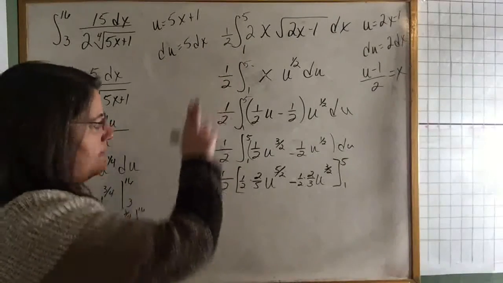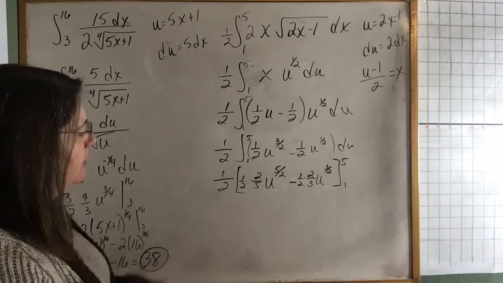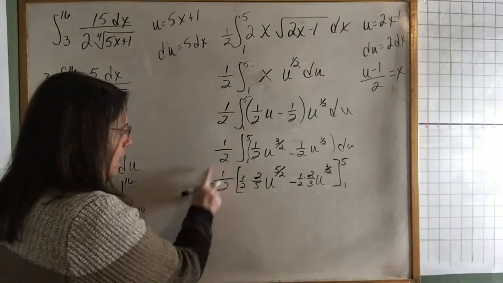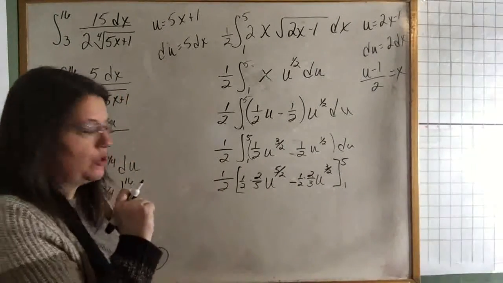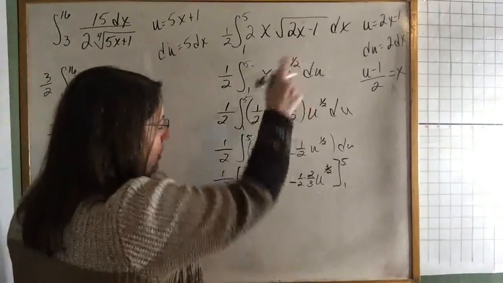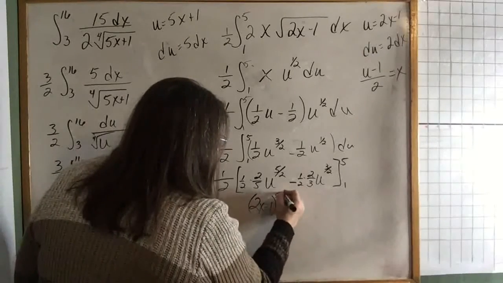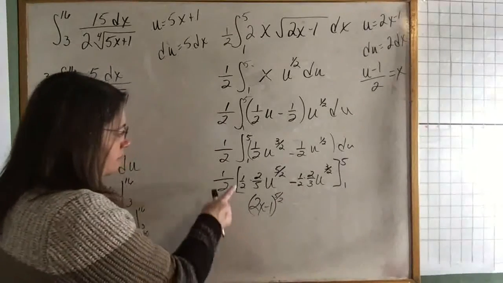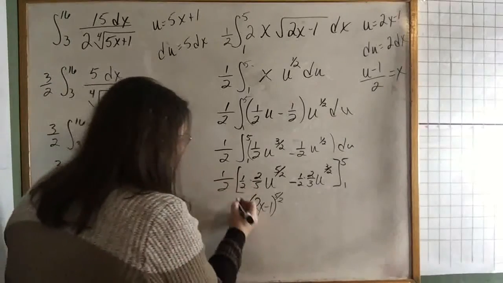I'm going to then resubstitute. So I've got a 1/2, and I'm going to multiply this 1/2 times all of these terms as I resubstitute. So my u is 2x minus 1. So I've got 2x minus 1 to the 5 halves. Now, 1/2 times 2/5 is just 1/5, and 1/5 times 1/2 is 1/10.